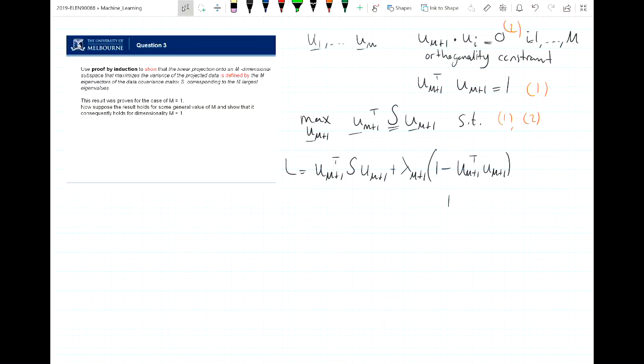I need to impose them, so I will have the sum over i equals 1 to m of eta i, these will be the Lagrange multipliers, times um plus 1 transpose ui, right?